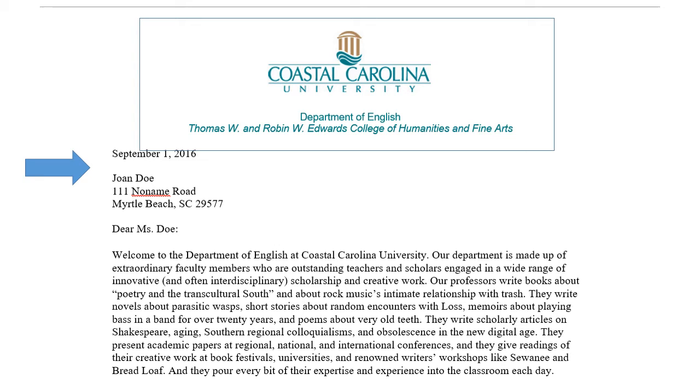So to avoid any ambiguity, we write out the month, and your book talks about this in the chapter on correctness, or on the 7 C's, excuse me. Then you have the name and address of the person receiving the letter, in this case, a Joan Doe. And then you have what's called a salutation, which is the Dear Ms. Doe.